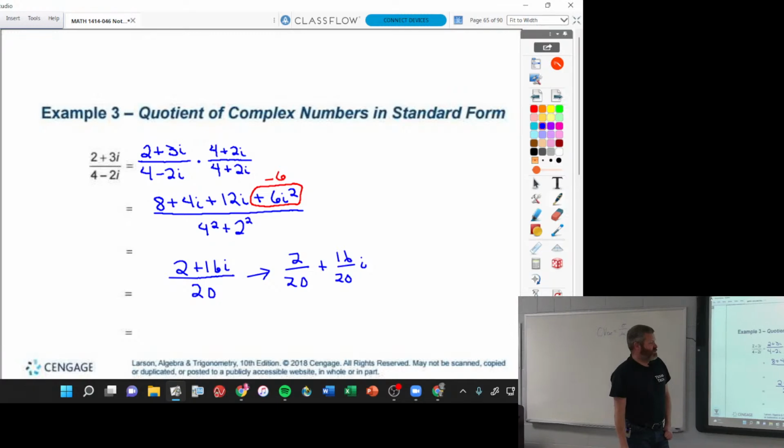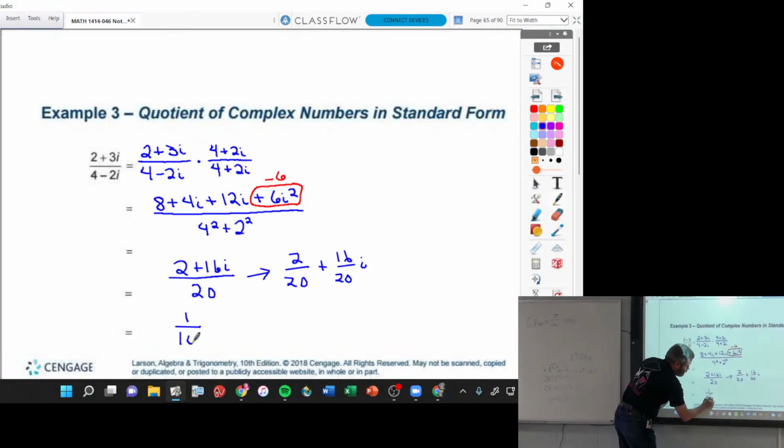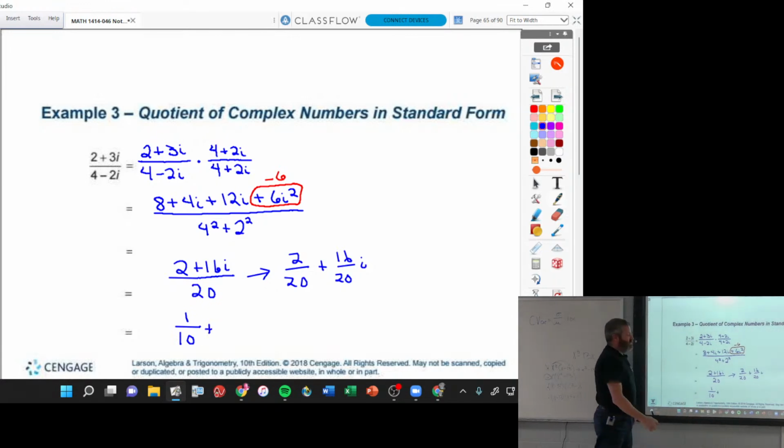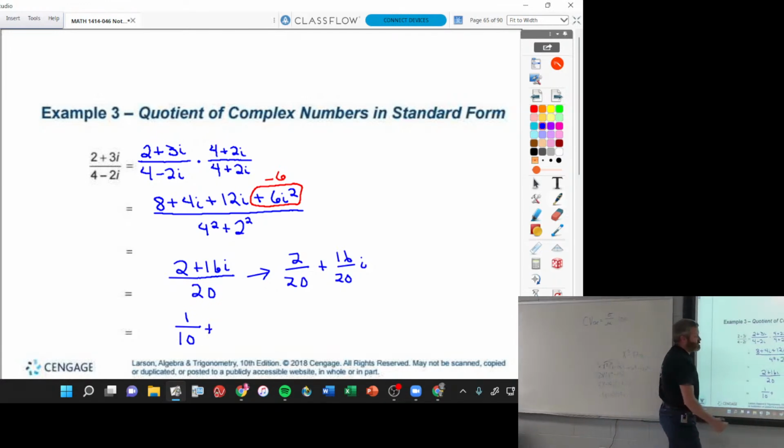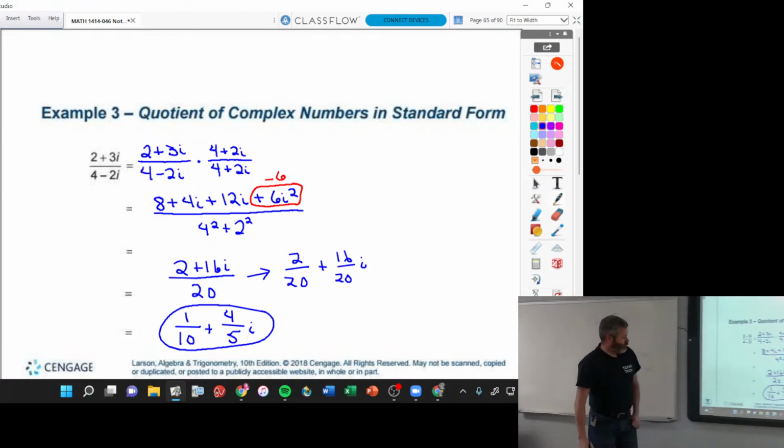Always, always, always reduce your fractions. So 2 over 20 becomes 1 over 10, plus 16 over 20. 4 goes into both of those. 4 goes into 16 4 times. 4 goes into 20 5 times. So 4/5 i. And there's your answer in standard form.